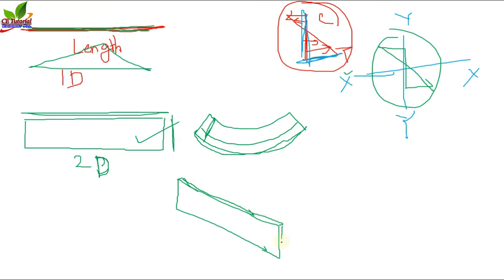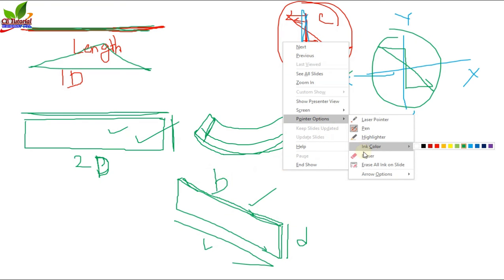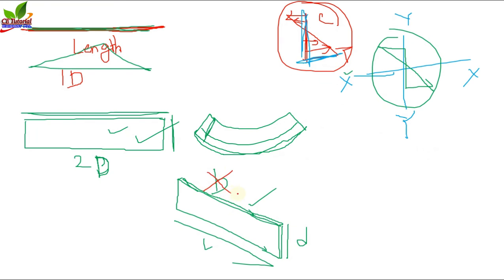That means the thickness is very negligible. This is the thickness. That means this is a lamina. Thickness is very negligible. We don't consider the thickness of this beam. That means we don't consider the width of this beam to calculate the bending stress diagram. So this is D and this is L, and for this case B is not there. B is absolutely invalid for this case. Now you find the bending stress diagram.